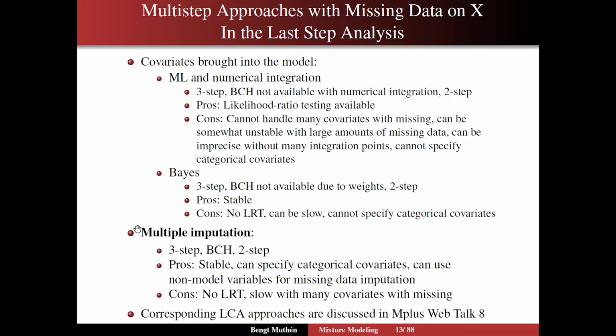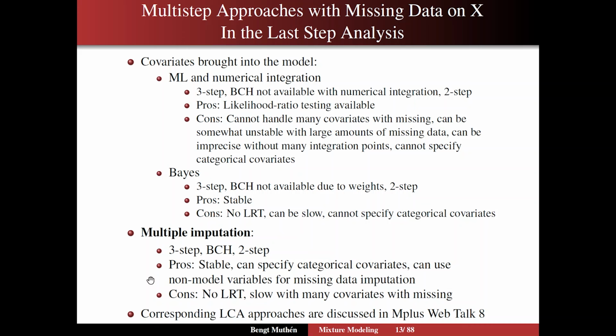We're going to focus on the alternative of multiple imputation of the covariates X in the last step analysis. And in that case, we have all three methods available. And the advantage is that that's a stable analysis. You can specify categorical covariates, and you can also use non-model variables for missing data imputation.